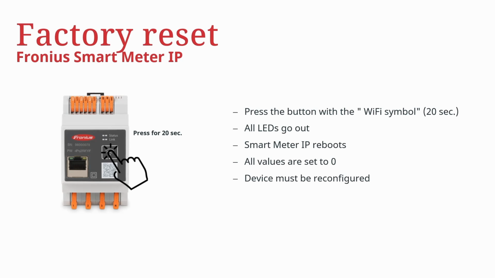After all the values have been reset, the device must be configured anew. And if you want to add the smart meter into a new system, you have to go through the whole commissioning process again, and then the smart meter can be used again.